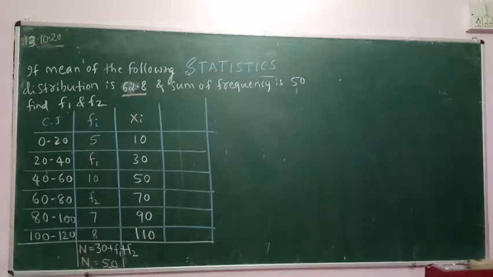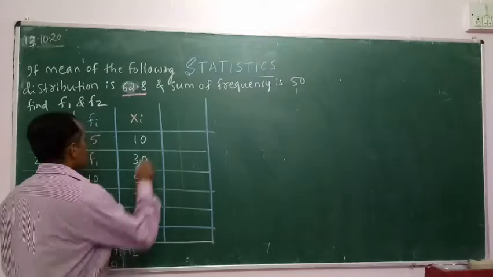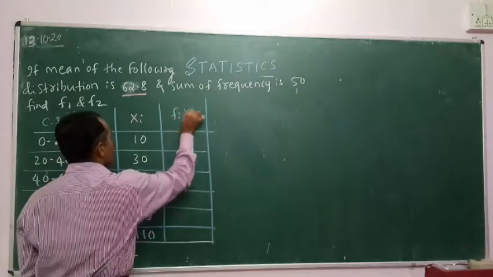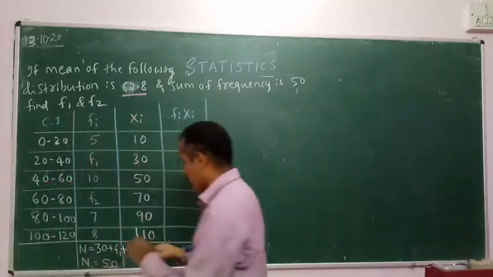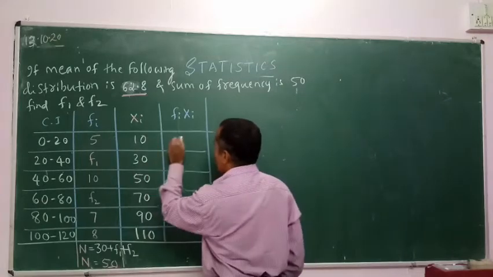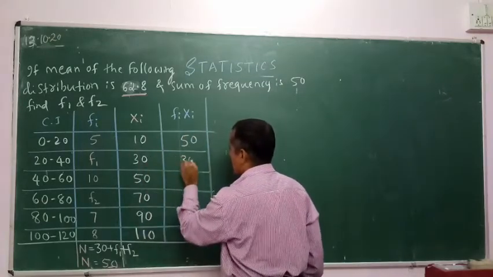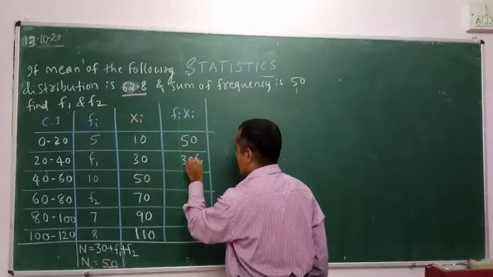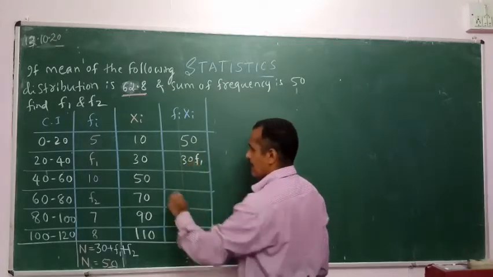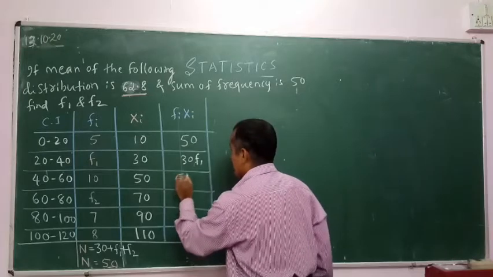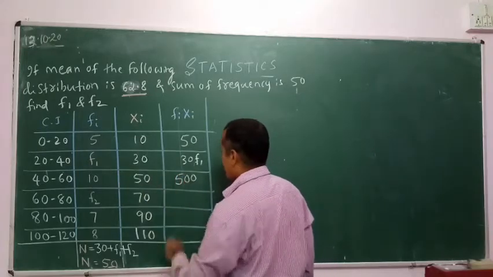Okay. My last column, Fi Xi. Come on. 5 times 10 are 50, 30 F1, 30 F1. Okay. So it is 500. 50 tens are 500.